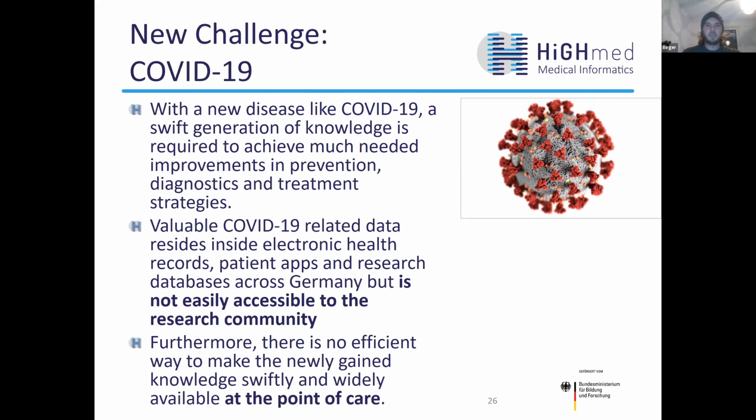And we have the same problem, the data is not easily accessible, not yet. On the other hand, when we have new guidelines or new applications that can help at the point of care, it's not something that you can easily deploy in the network or in multiple university hospitals, because when the semantic standards are not yet in place, it's quite difficult.